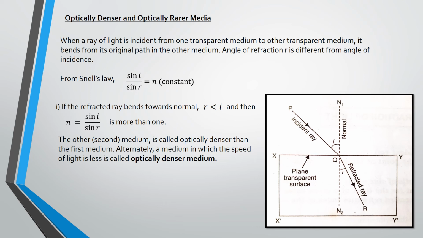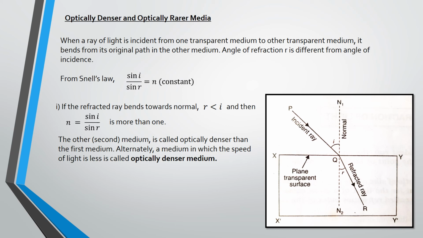First case, if the refracted ray bends towards the normal, then angle of refraction R would be less than I, and then n equals sin I by sin R is more than 1. The second medium is called optically denser than the first medium. Alternately, a medium in which the speed of light is less is called optically denser medium.